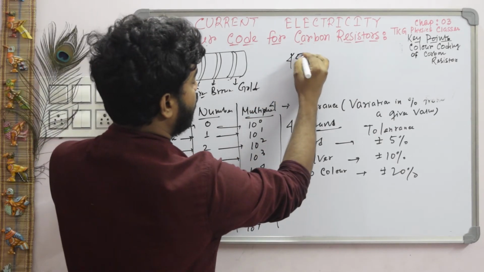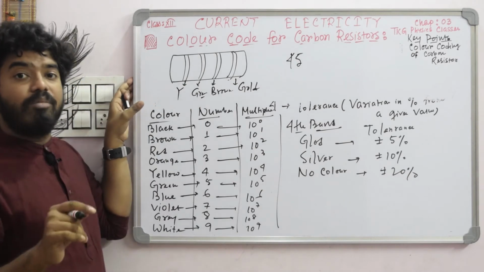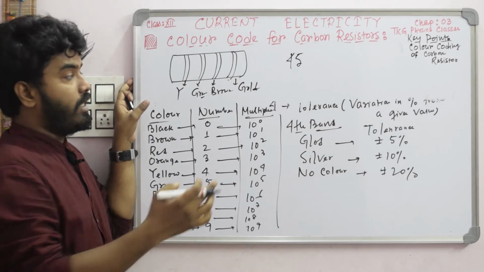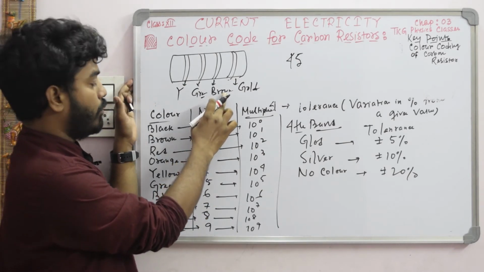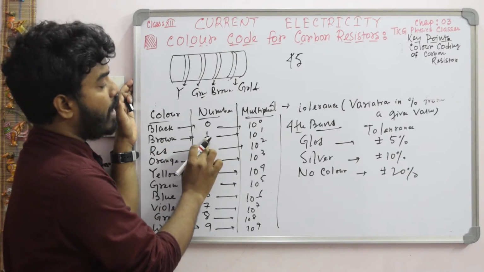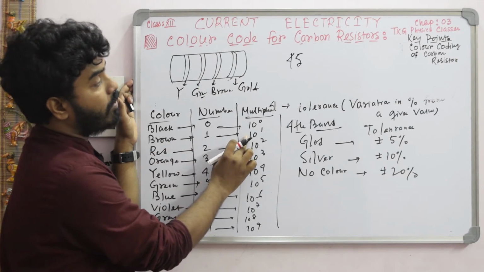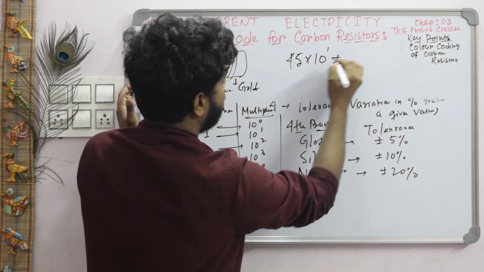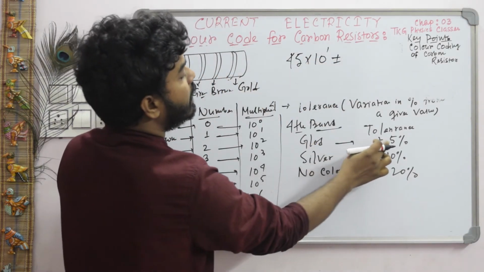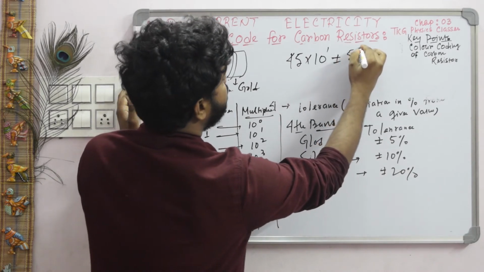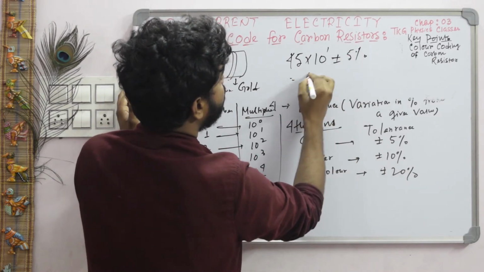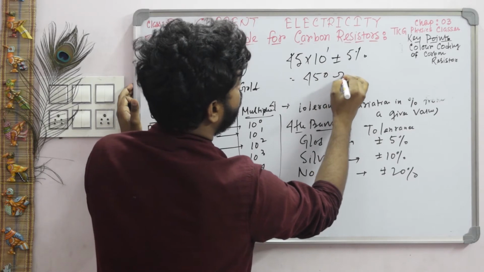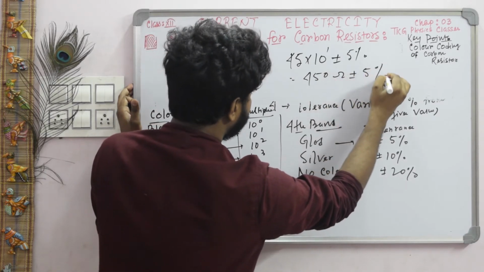So this one is 5. Now for the third band you have to use multiplier. You just check the third band given brown, and for brown 1, that is multiplier 10 to the power 1. So this one becomes 10 to the power 1, plus minus, that is gold, and for gold tolerance plus minus 5%. So this value is 450 ohm plus minus 5%.